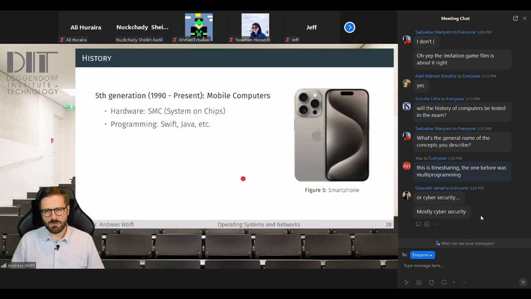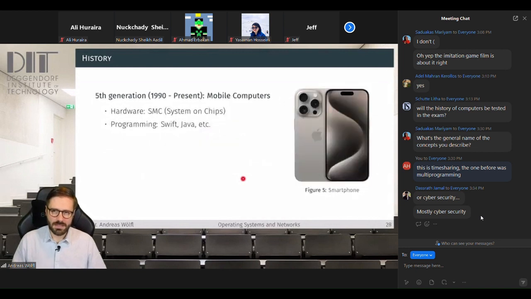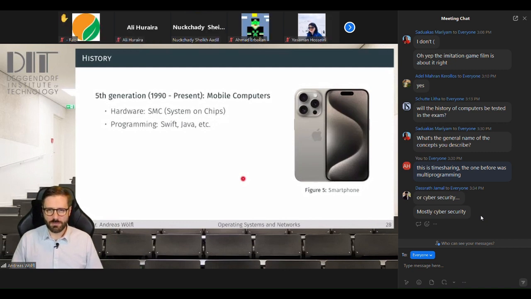There's a fifth generation as well. I mean, literature distinguishes between the fourth and the fifth generation. The fourth generation being personal computers, meaning that computers were affordable, that you can have one at home. Mobile computers, well, everyone has a smartphone, and mobile computers are like small computers, right? So we have system on chips there. All the components that we talked about before, like storage, M.2 SSD, RAM, and the CPU, are put together on a single chip, and we call this the system on chip.